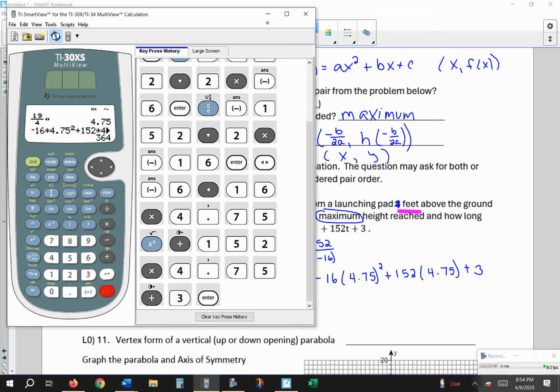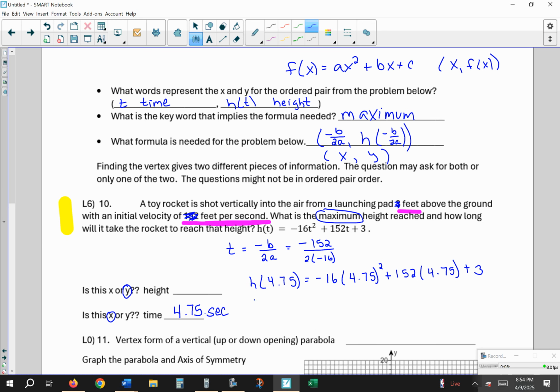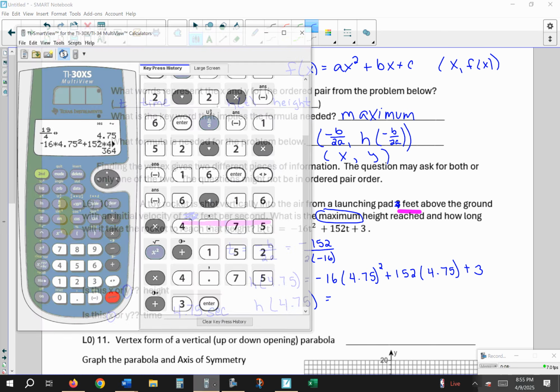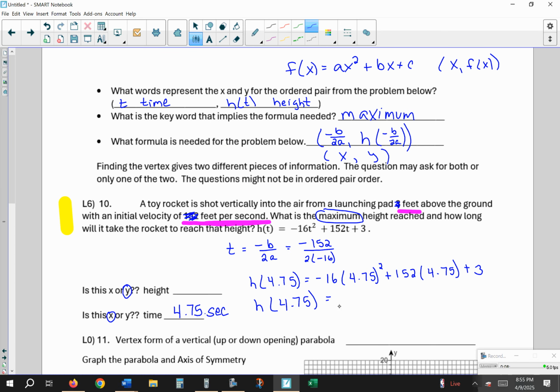And that gives us 364. So that maximum height is 364 feet. And that occurred at 4.75 seconds.